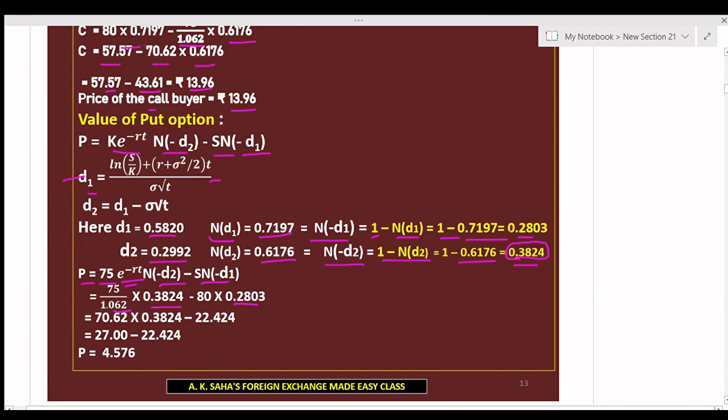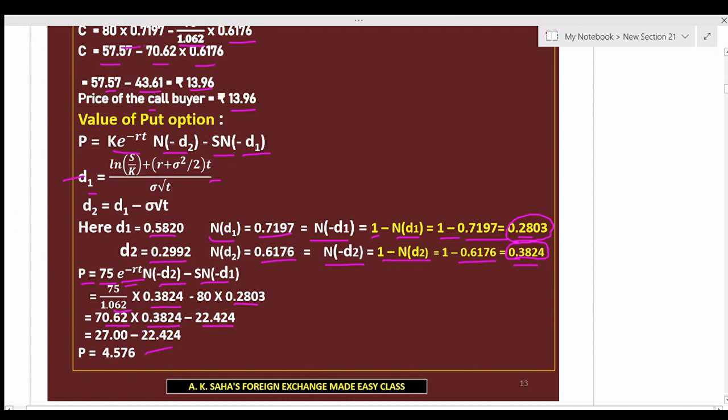You get the value from here. Now multiply: 70.62 into 0.3824, minus 22.424.